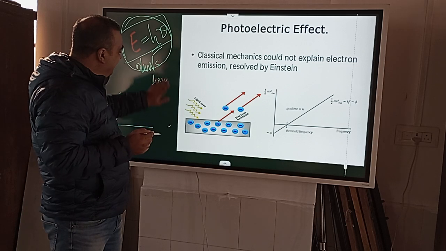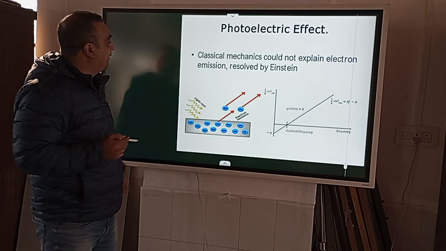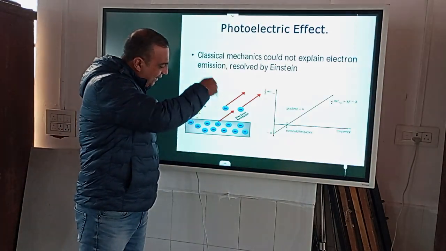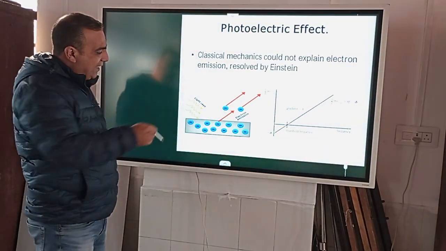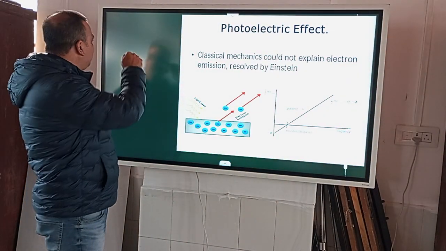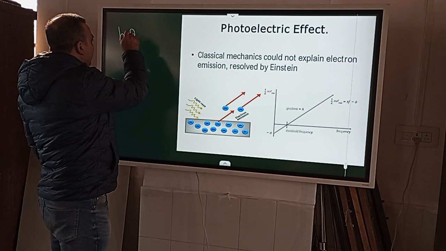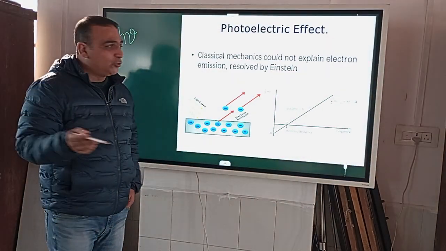What we obtain here is an equation. Assume a photon is falling on this metal, and this photon has energy equal to h nu, and this energy breaks into two parts.